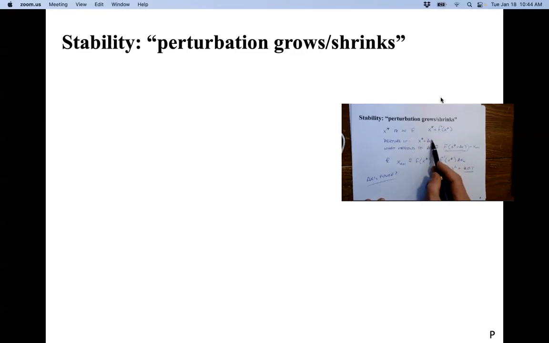I want to know what happens to this. I subtract that off. So delta x at the next step is approximately equal to f prime of x star times delta x n plus that stuff that I'm just kind of waving my hands about. I'm going to neglect that.